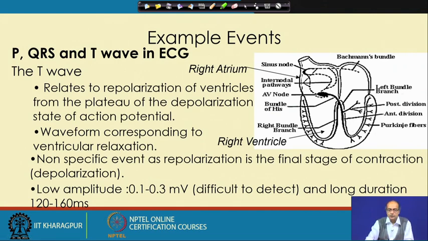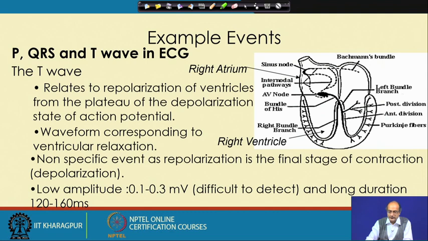Now, let us look at the next part, that is the T wave. In the T wave, the muscles that were contracted in the previous case, because of the depolarization of the muscle cells, now undergo repolarization, and as the repolarization happens, they get relaxed.